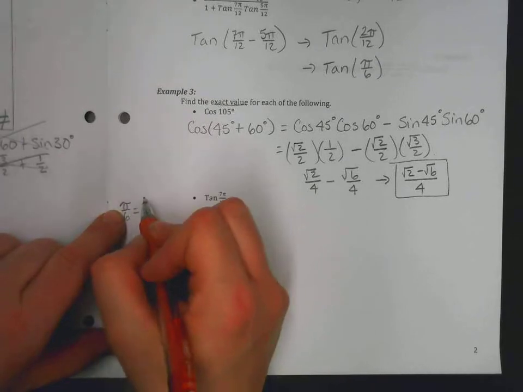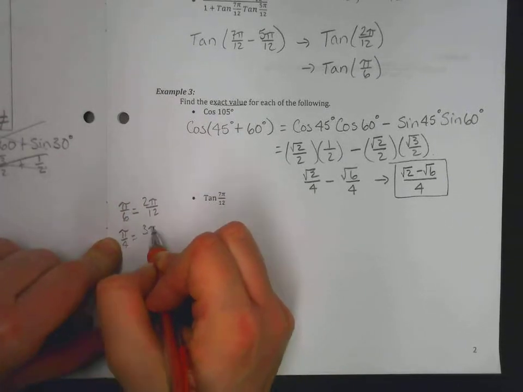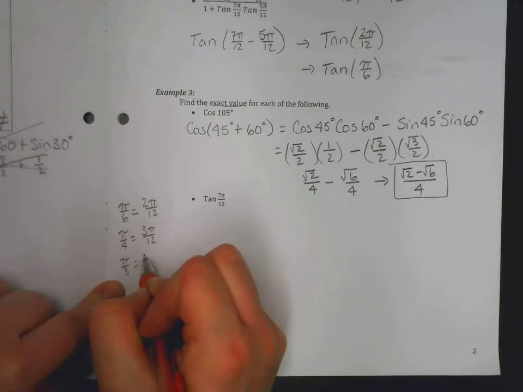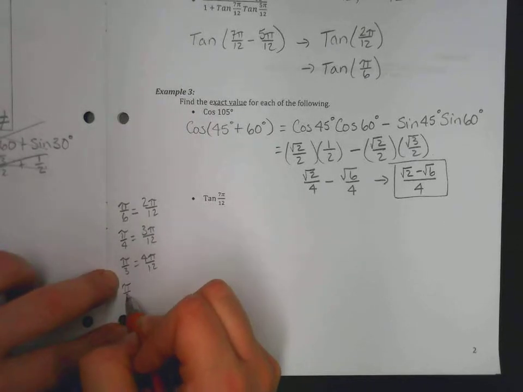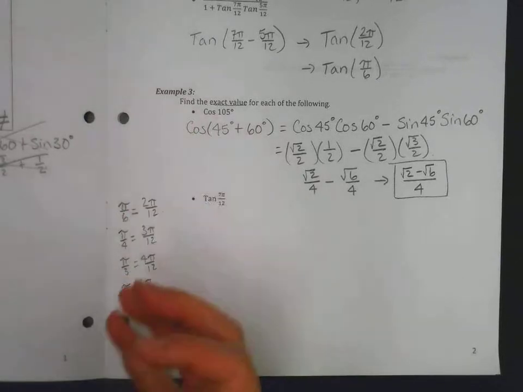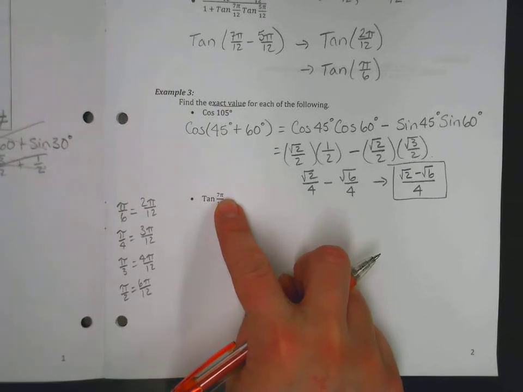So pi over 6 would be 2 pi over 12, pi over 4 is 3 pi over 12, and pi over 3 is 4 pi over 12. And then maybe even your 90 degrees would be 6 pi over 12. So I need to use a combination of any of these angles and come up with 7 pi over 12.